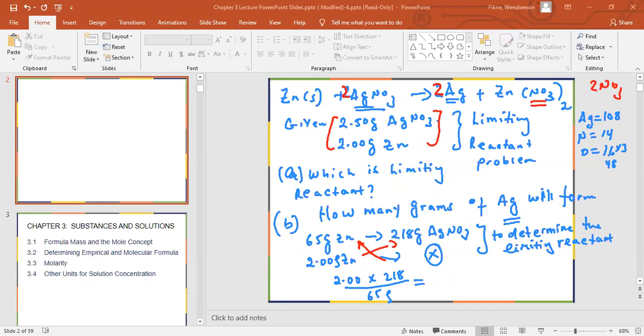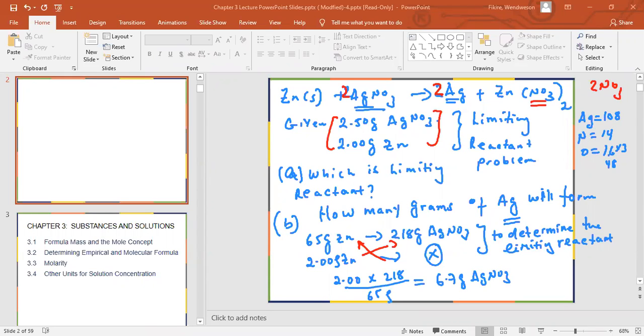Anybody can have a calculator. We can work this together. So 2 times 218 is 436 divided by 65. I got 6.7 grams of silver nitrate.